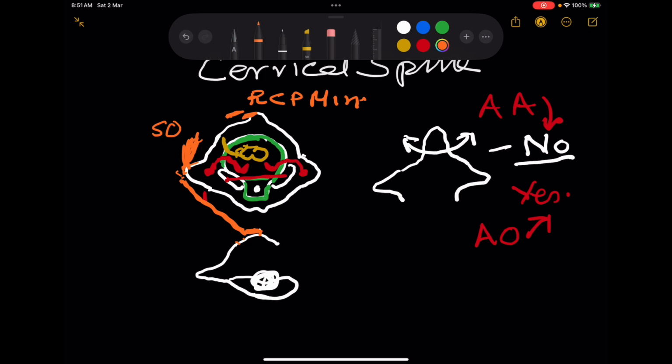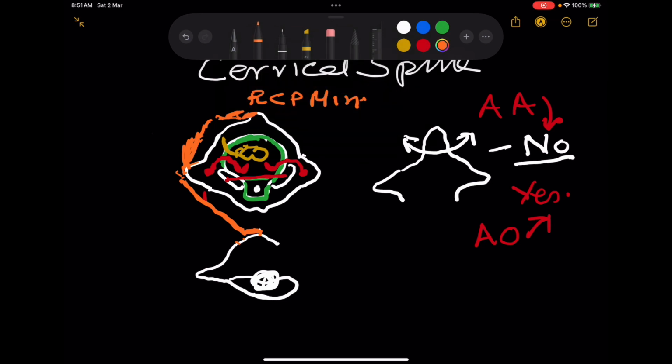So rectus capitis posterior major and minor, inferior oblique and superior oblique form a triangle which is called the suboccipital triangle. Okay, so this is the suboccipital triangle.